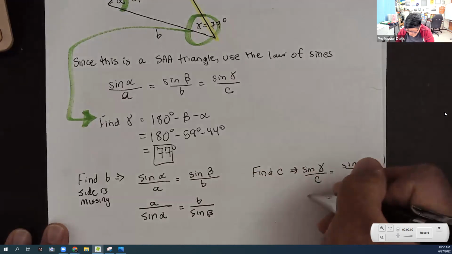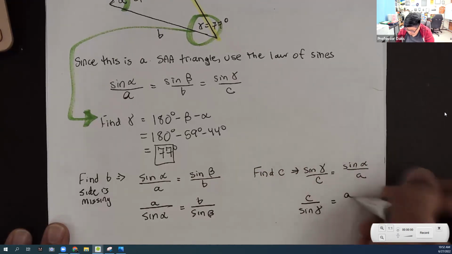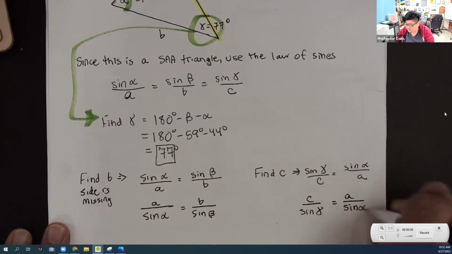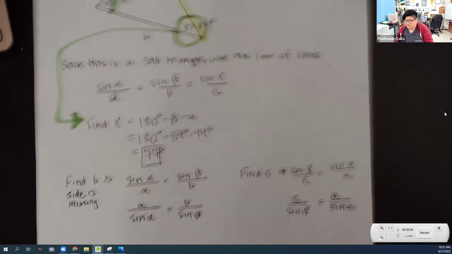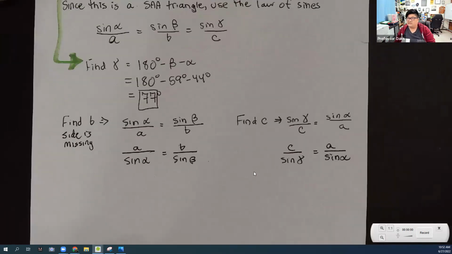But again, it doesn't really matter. It's just in terms of which one will be a little bit quicker: if you're trying to find the missing side, you put the side in the numerator rather than the denominator.